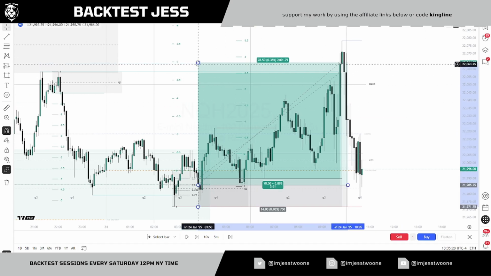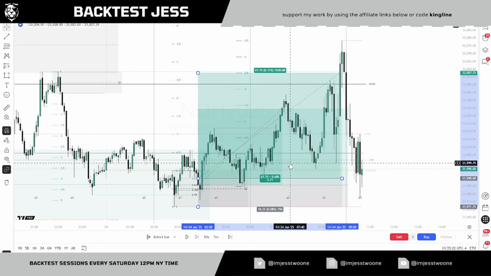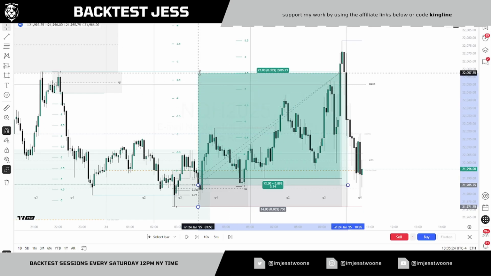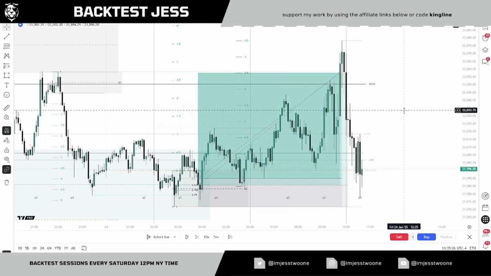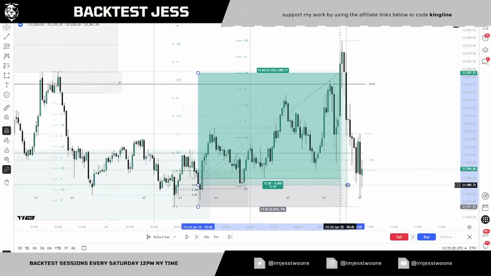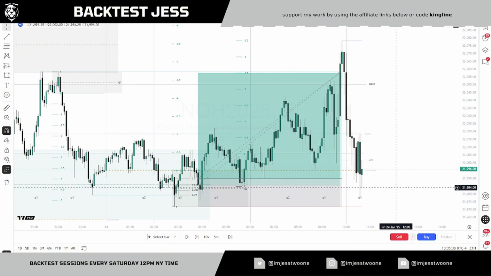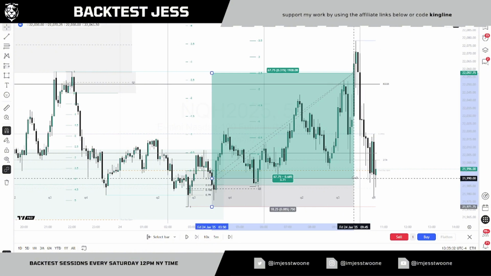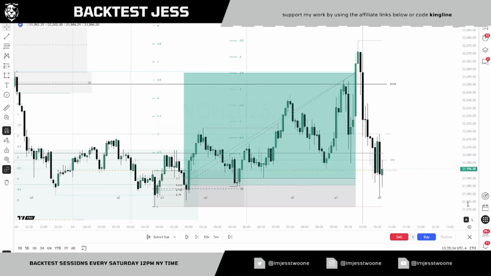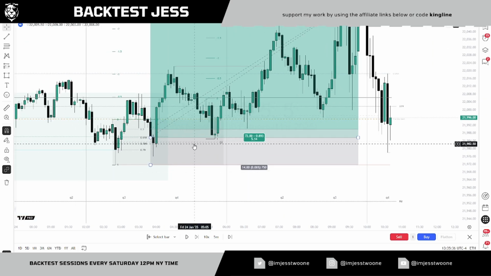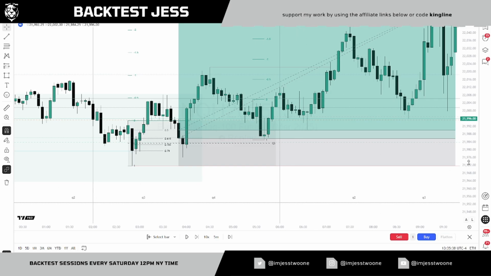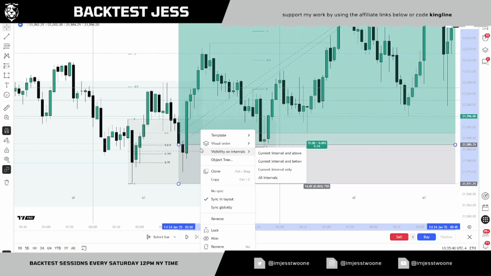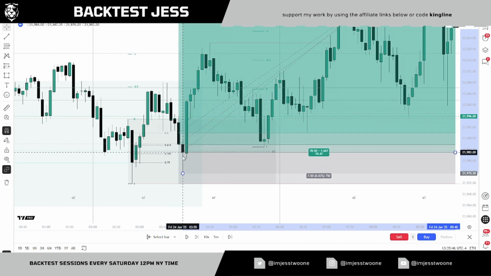This will also go to 57.75. .75 and 0.709 all on the same candle.